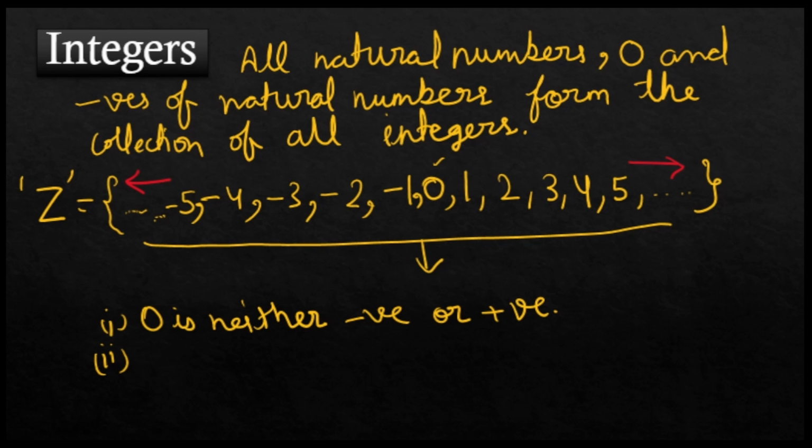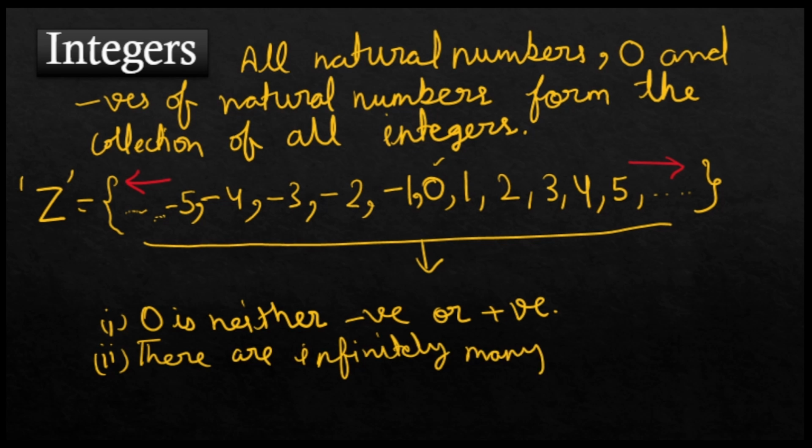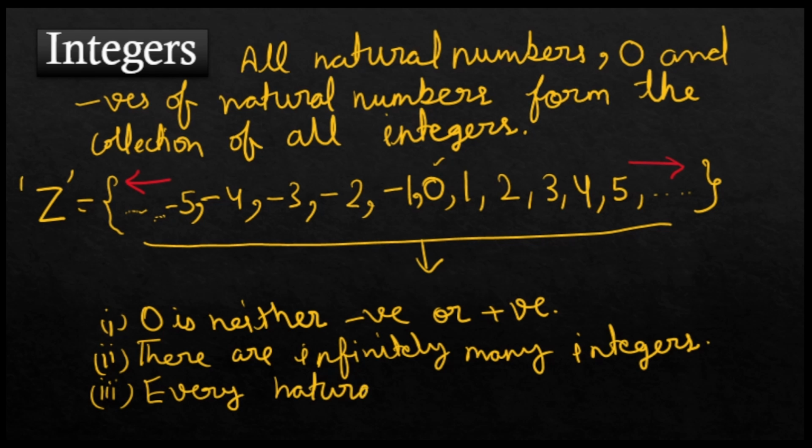That is, there are infinitely many integers. Third point to remember, every natural number, you can see every natural number from 1 to infinity is an integer. Similarly, you can see 0 is also present in this set.